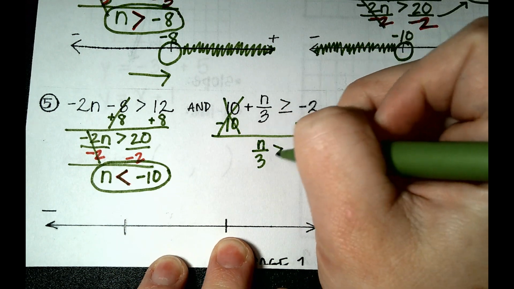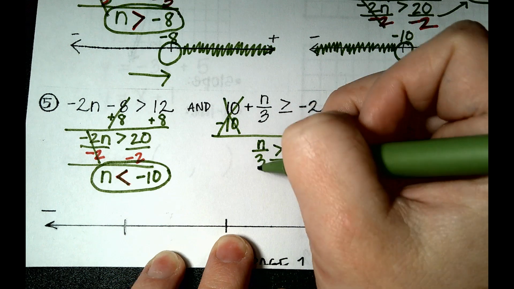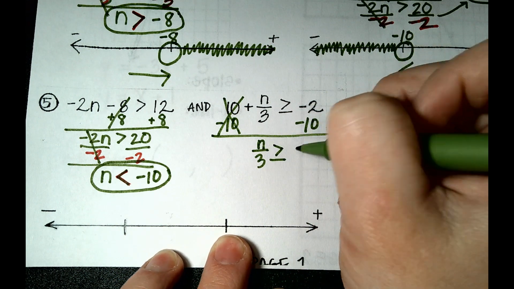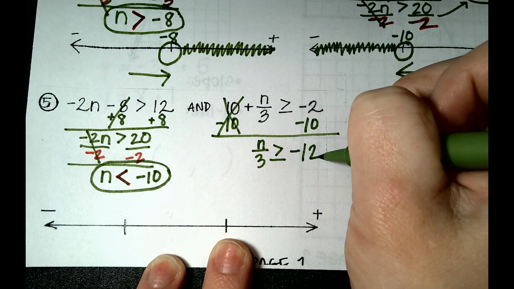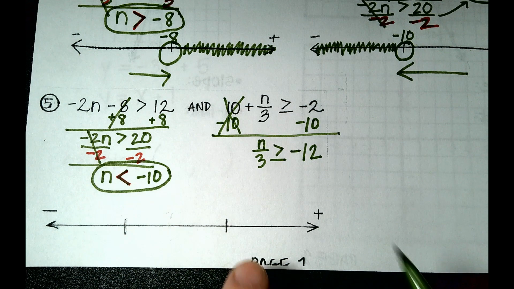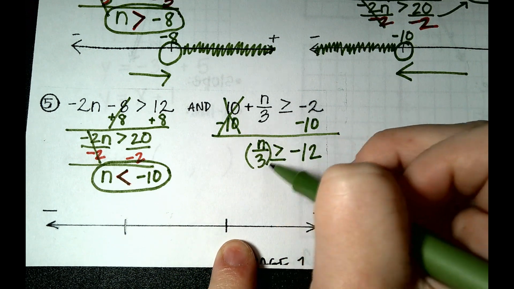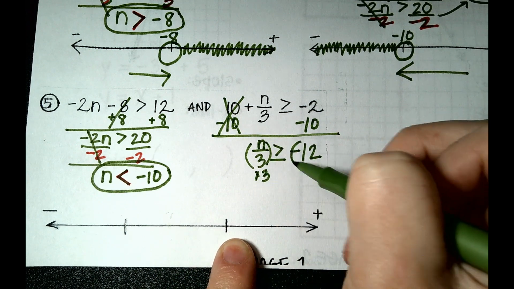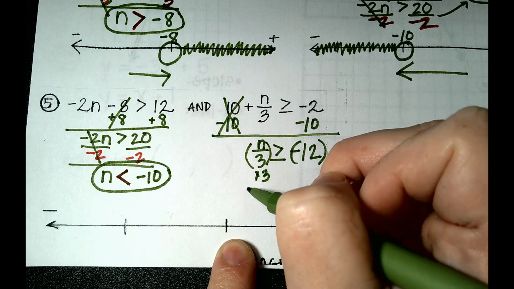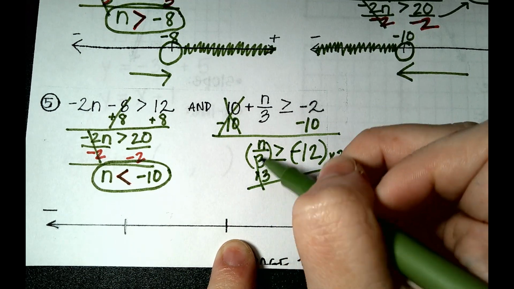Good. Perfect. N divided by 3 is greater than or equal to -12. So multiply by 3. Good. Your sign does not change.